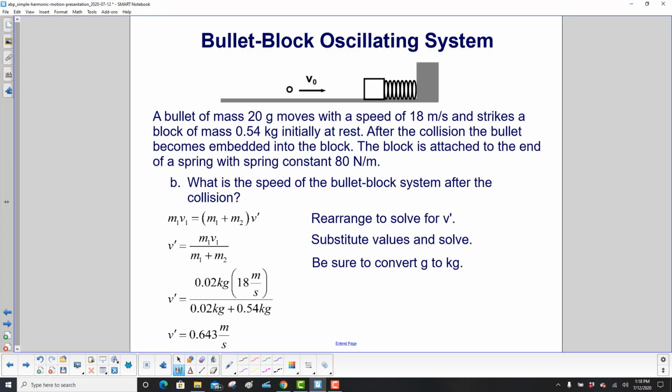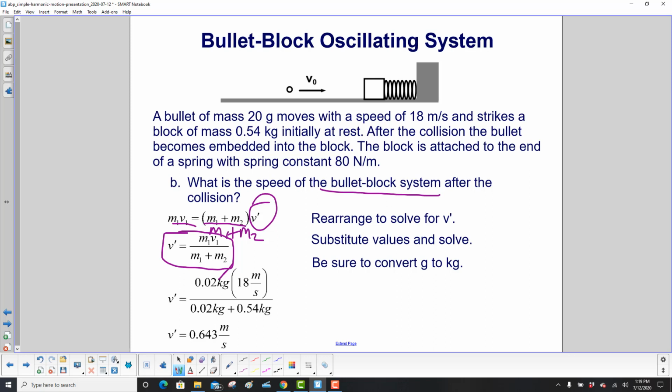Now we want the speed of the bullet block system after the collision. So that's v prime. So it's real easy to do this one. Divide both sides by m1 plus m2. Same thing over here. Kind of ran out of room. But we get v prime is m1v1 divided by m1 plus m2.